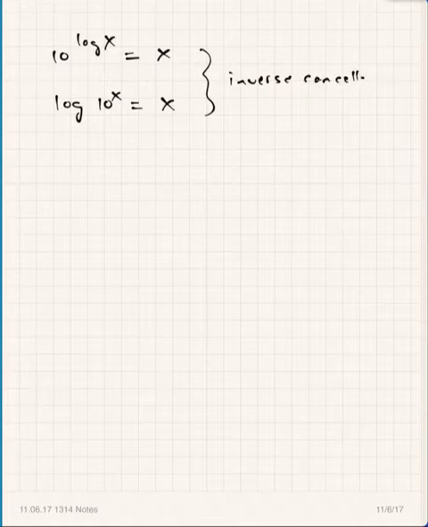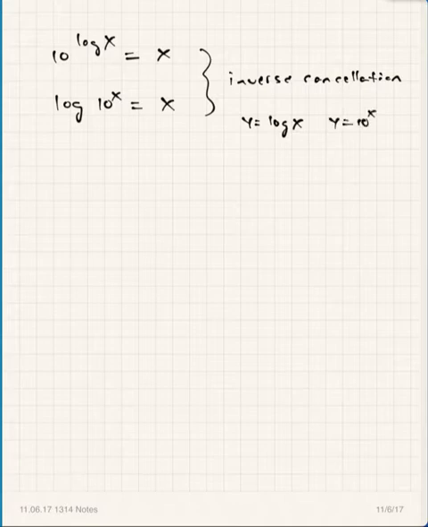And this is proving here that y equals log x and y equals 10 to the x are inverses. Those functions are inverses of each other.